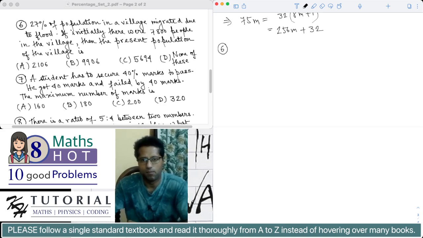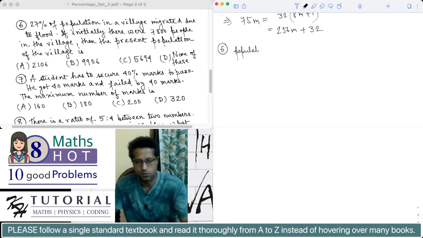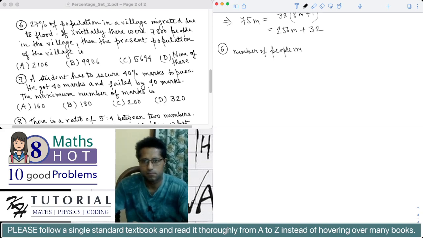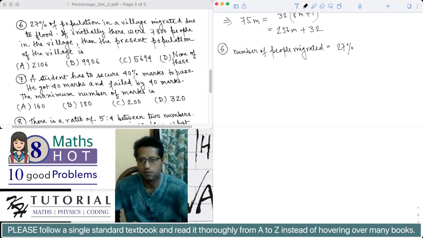So the number of people migrated is equal to 27% of the population, and the initial population is given to be 7,800.